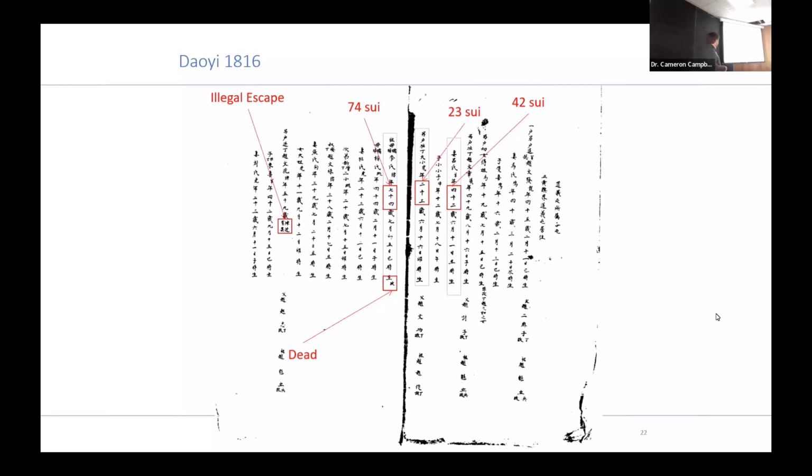For example, this woman is the wife of a household head. She's 42. This person is a household head who's 23. This is his wife, and they have a son named Xiao Xiaozi, which means little guy or something.